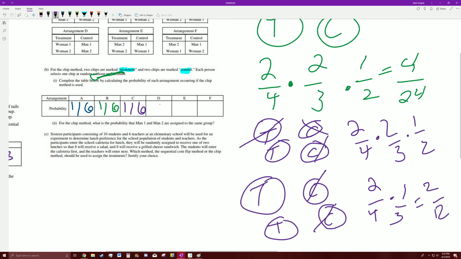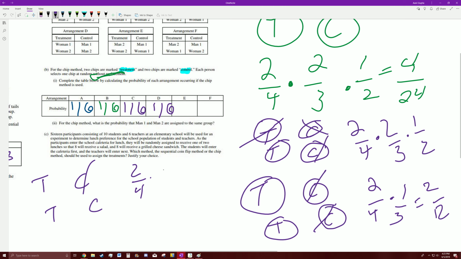Okay. Now E, we're going to do the same thing. We're going to do T, T, C, C. Man 1 goes, he picks control. 2 out of 4 chance he picks that. Man 2 then goes and picks treatment.